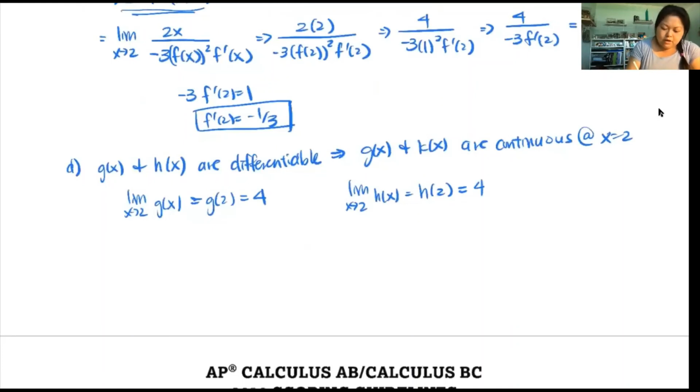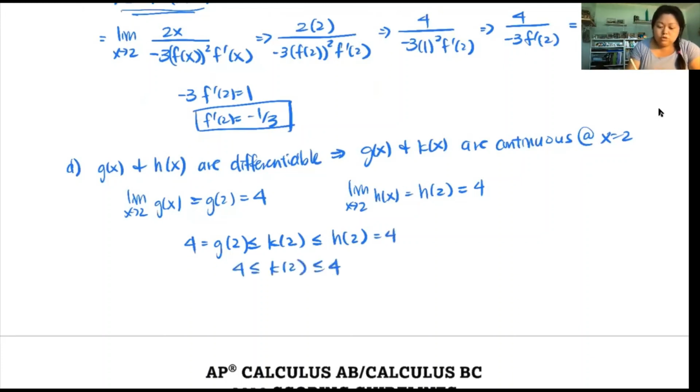So then if g is sandwiching the k, we know then that g of 2, right, because we know the functions are defined this way, g of 2 is equal to 4, and this is equal to 4. So you have 4 less than or equal to k of 2, less than or equal to 4. So the only way this can be true is k of 2 is equal to 4, right?